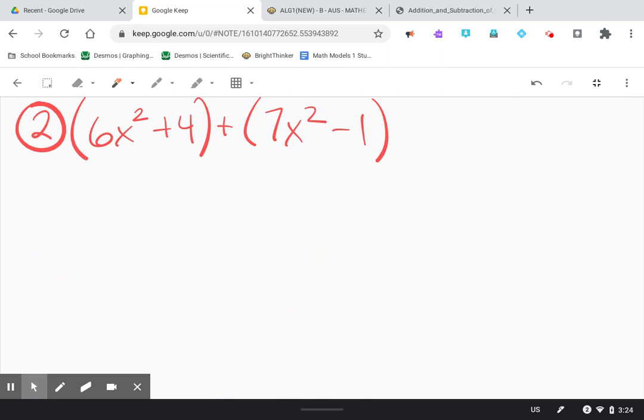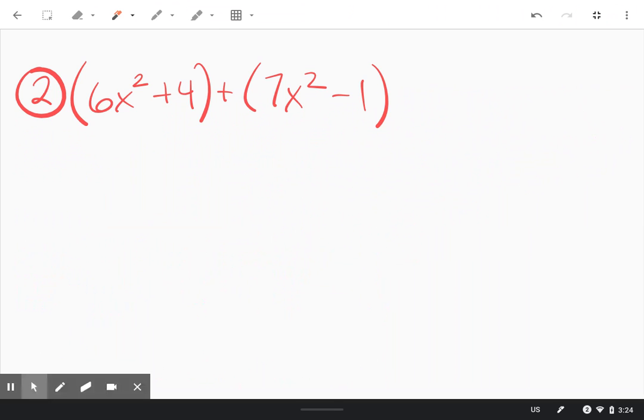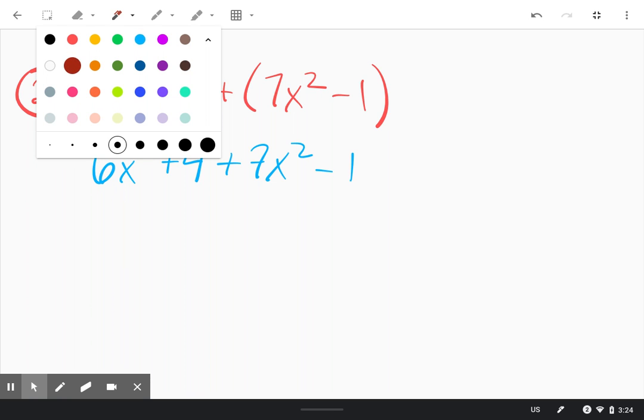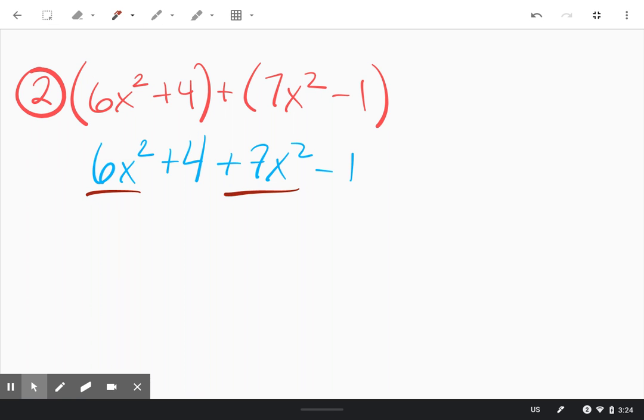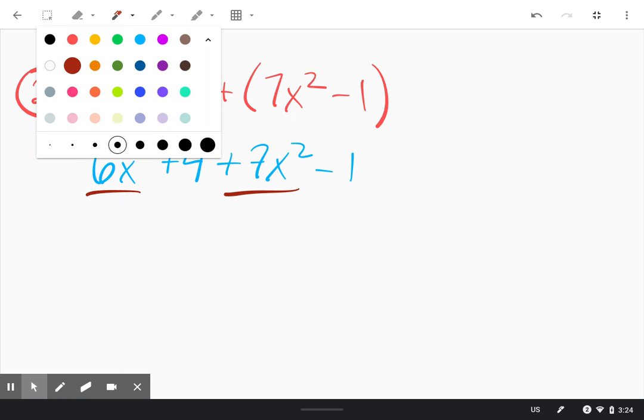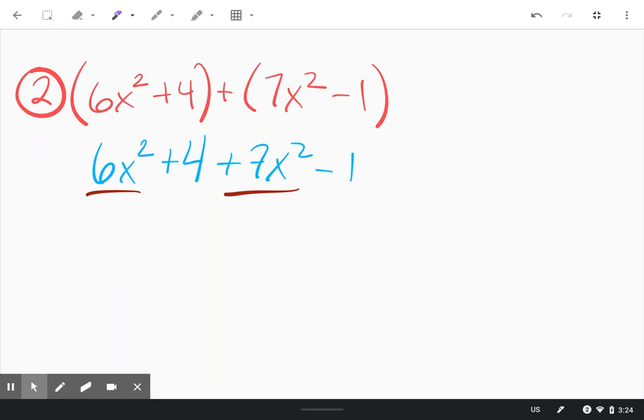Number 2 is very similar, actually easier in some ways. The first thing I'm going to do is rewrite the whole expression without the parentheses: 6x squared plus 4 plus 7x squared minus 1. Then I'm going to mark everything up. Those two terms are both x squared terms, so they go together.